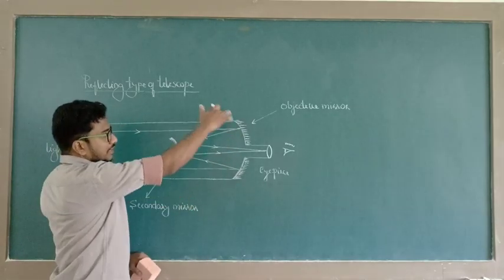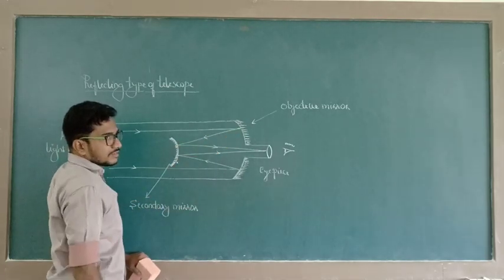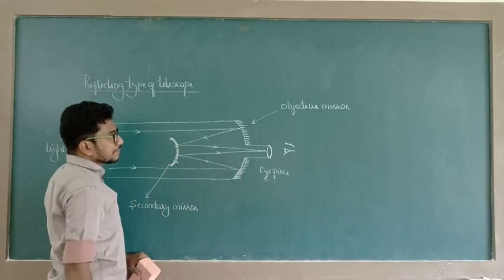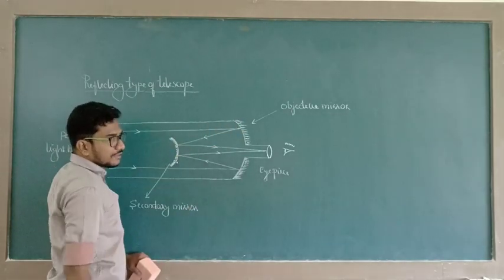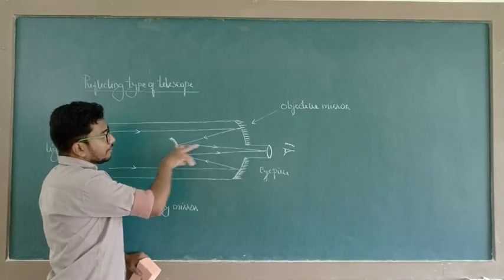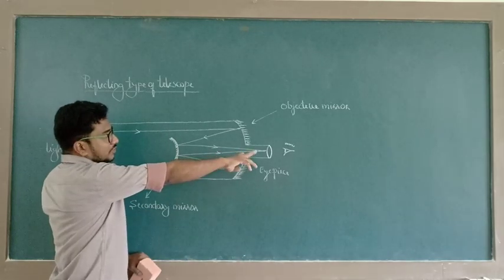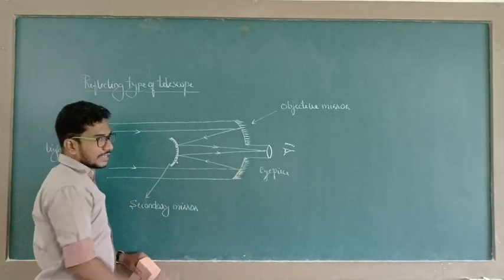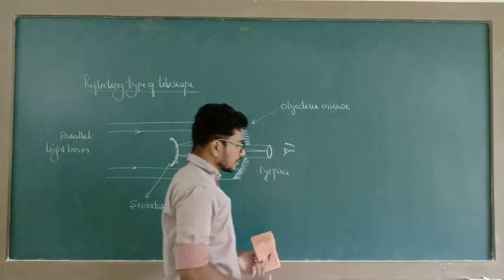The objective mirror is nothing but a concave mirror, and after reflection, before meeting at the principal focus of the objective, again these light rays are reflected from the convex mirror and finally meet at some point in the eyepiece, and through the eyepiece we can observe the image of the object which lies at infinite distance.